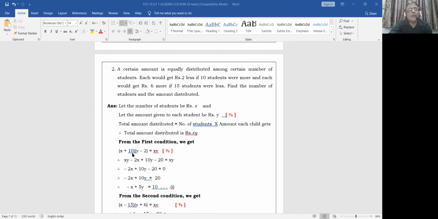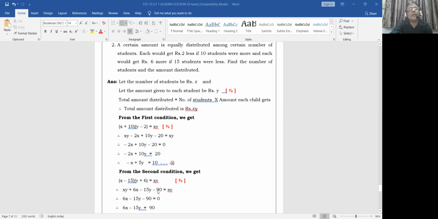So the number of students is X plus 10, and Y minus 2 is the amount each child gets. Again, number of students into the amount will be equal to the amount distributed, which is XY. When you have written this equation, give half mark. Then after solving, minus X plus 5Y equal to 10. That is the first condition.